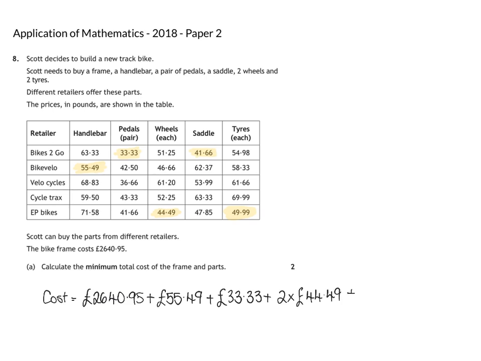We've got our saddle, which is £41.66. And then we've got our tyres, which again we need two of, so 2 times £49.99. Putting that all together, we get that the total price for this bike would be £2,960.39.